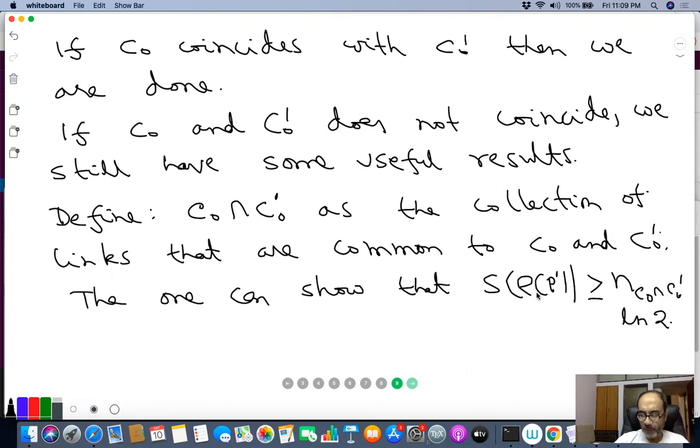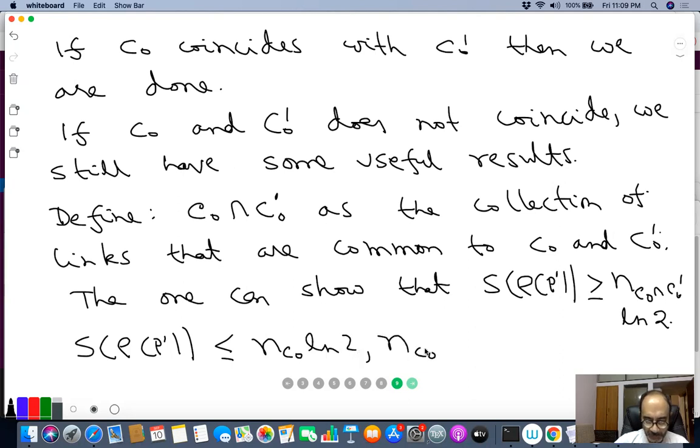Earlier you had upper bounds. Let me remind you what they were. S of rho P prime is bounded from above by n of C naught times log 2 and also n of C naught prime times log 2. This is true for any cut, in particular for C naught and C naught prime.